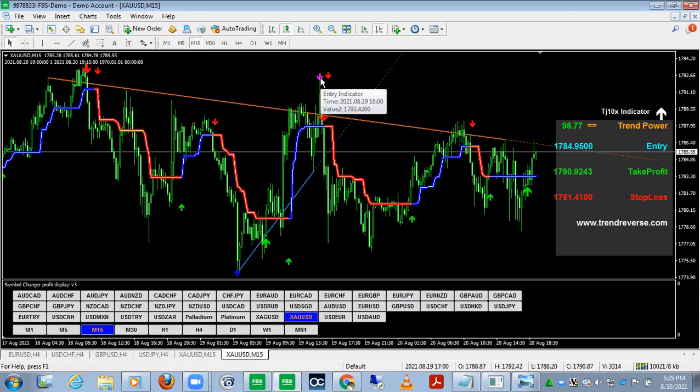Now, look at this first arrow. It didn't come out when the bearish candle came out. It came out when the bullish candle came out. Can you see that now? Yes, I can see. So just to answer your question, I said it forms after it, but this arrow is not acting on this 15 minutes.